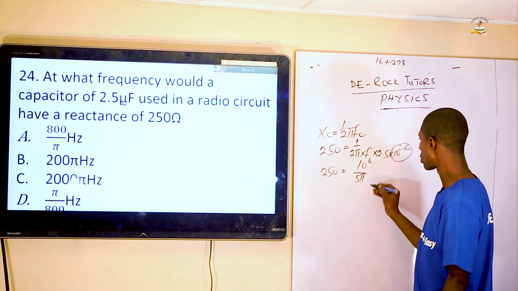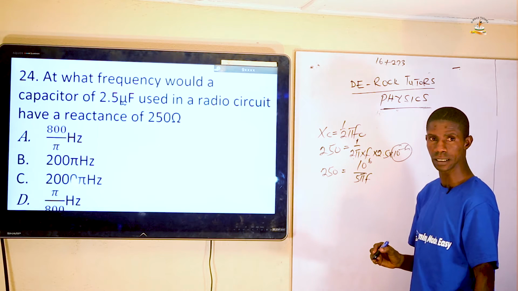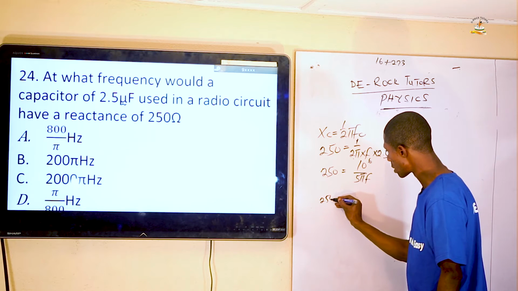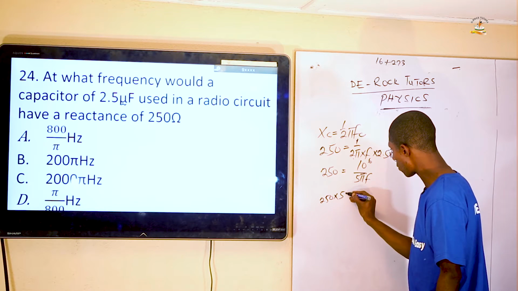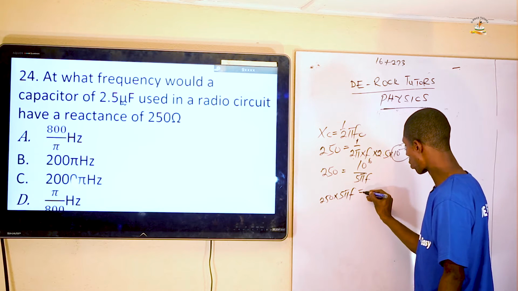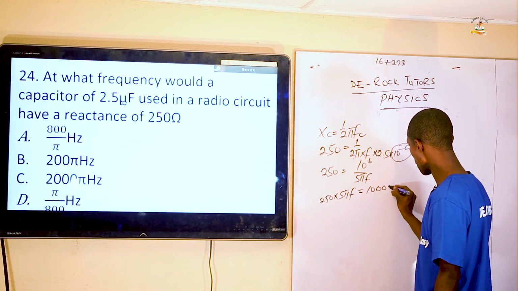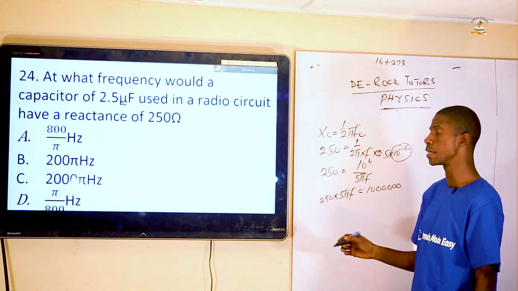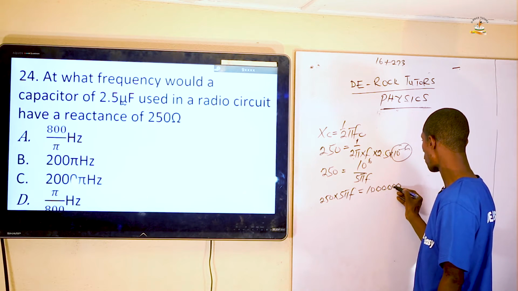So I will have to cross multiply to get the value of f. If I cross multiply, this will give me 250 multiplied by 5π, then f equals 1 million, because 10 raised to power 6 is the same thing as 10 in 6 places: 1, 2, 3, 4, 5, 6.